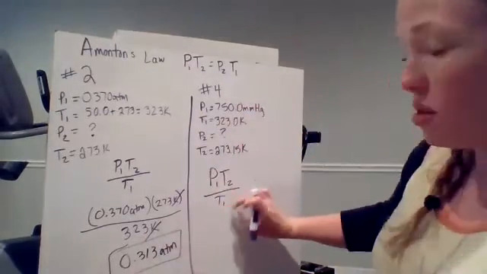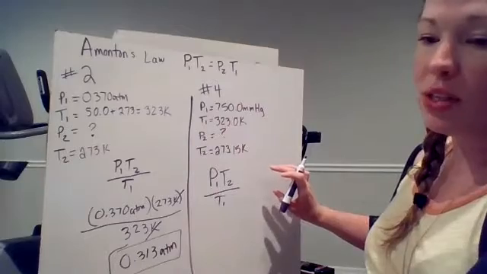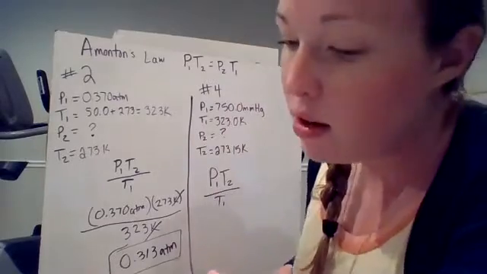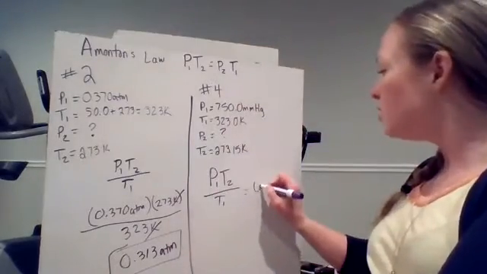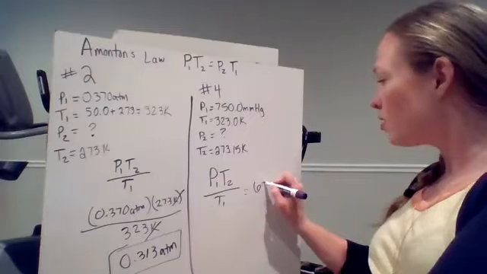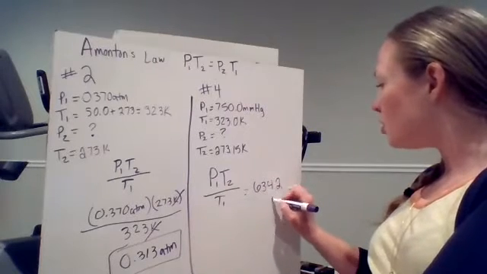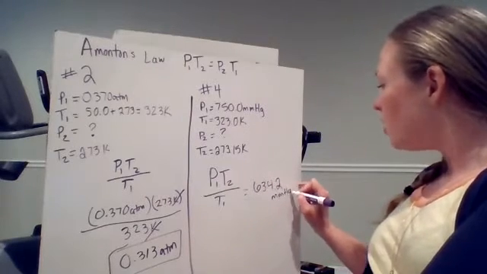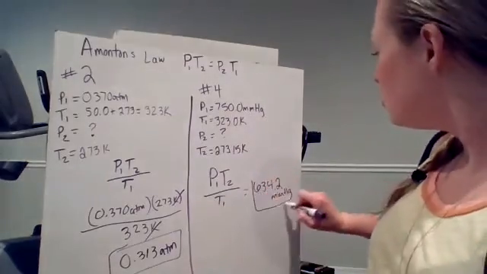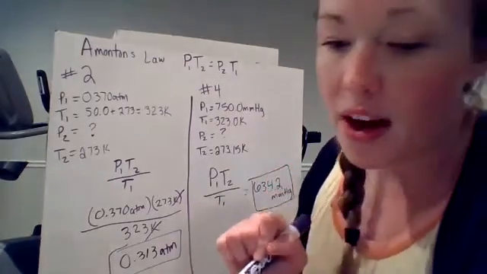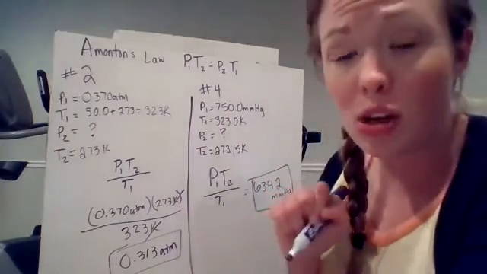You plug in those values to this expression, and you're going to end up with 634.2 millimeters mercury.